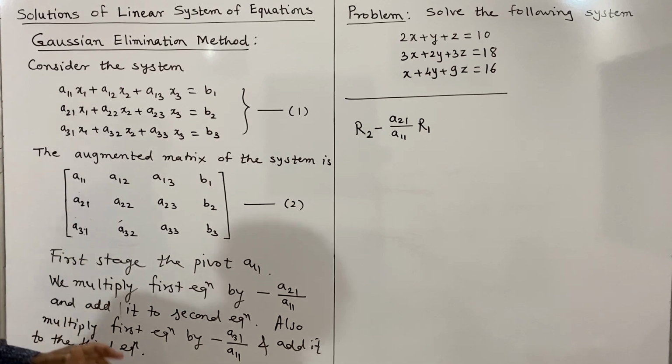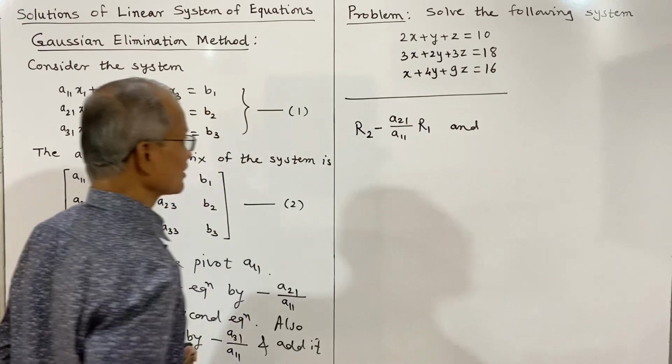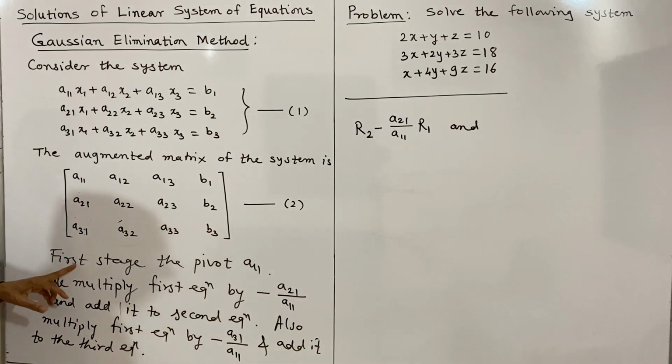That is the first transformation, R2 minus A21 divided by A11 R1.